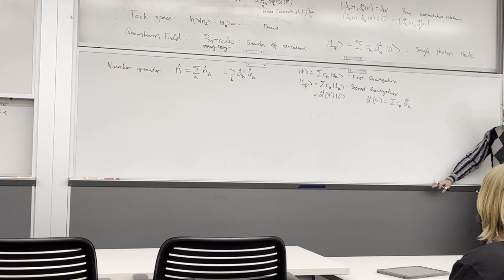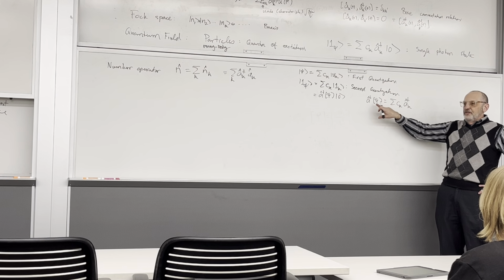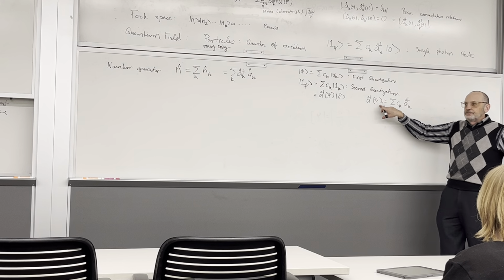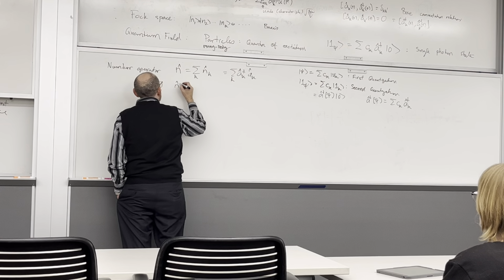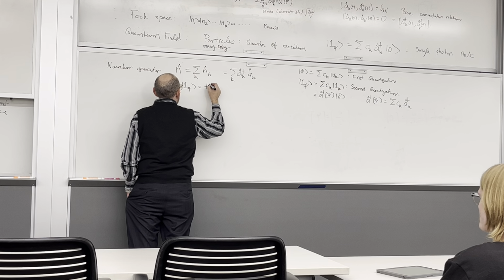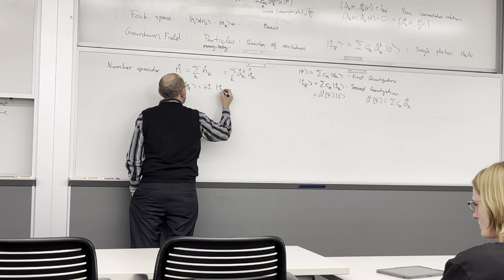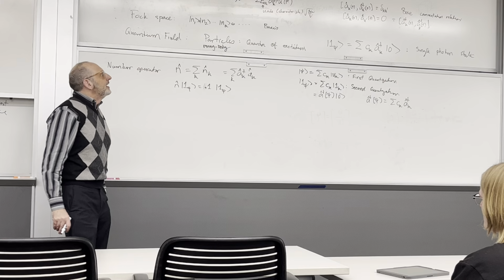Okay, so this operator creates 1 photon in the wave packet psi, and this is an eigenstate. So if I write this with 1, this has the eigenvalue 1. Okay, so it's a 1 photon state.